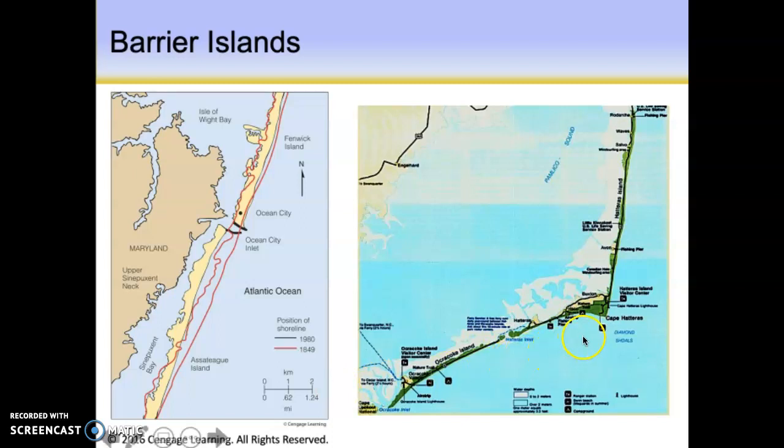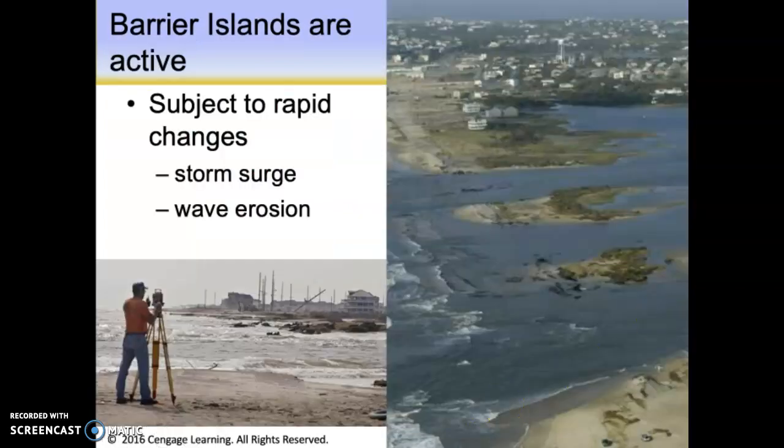On the lower right, we can see the Outer Banks of North Carolina. The green on the drawing represents the island, which is, you'll notice, very thin. And what that means is when a storm comes in, the storm surge and the wave erosion can actually completely wipe out a section of one of these barrier islands.